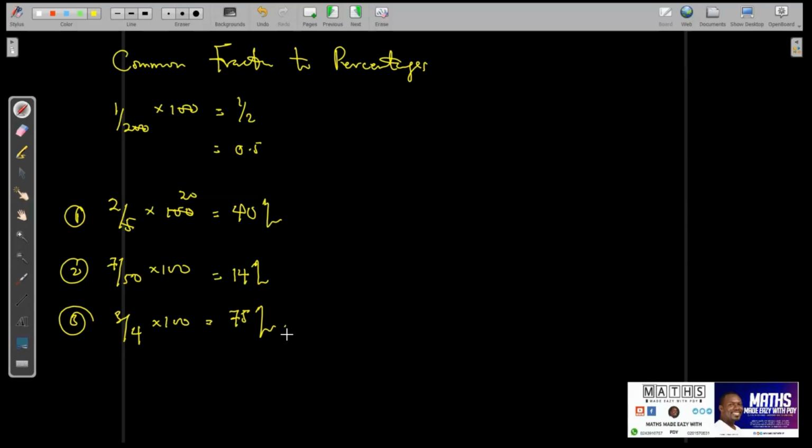Now we move on to what we call decimal fractions to percentages. Yes, we are going to limit ourselves to decimal fractions.